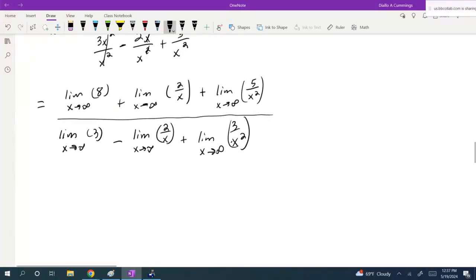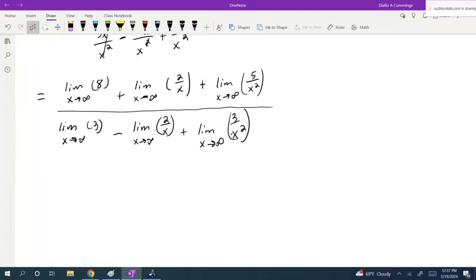So next I'm going to use the constant multiple rule just to show how that applies. So that's the limit of 8 as x approaches infinity. I can pull my constant in front of the limit operator. Notice the constant here is 2.